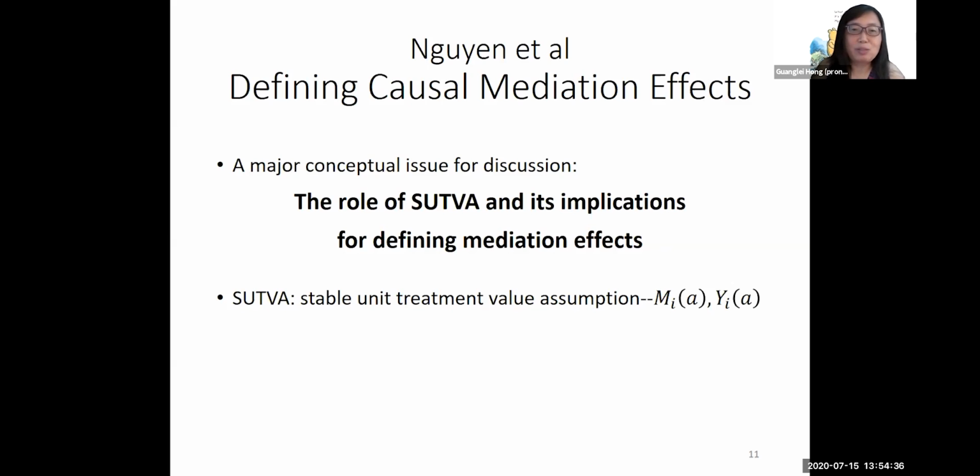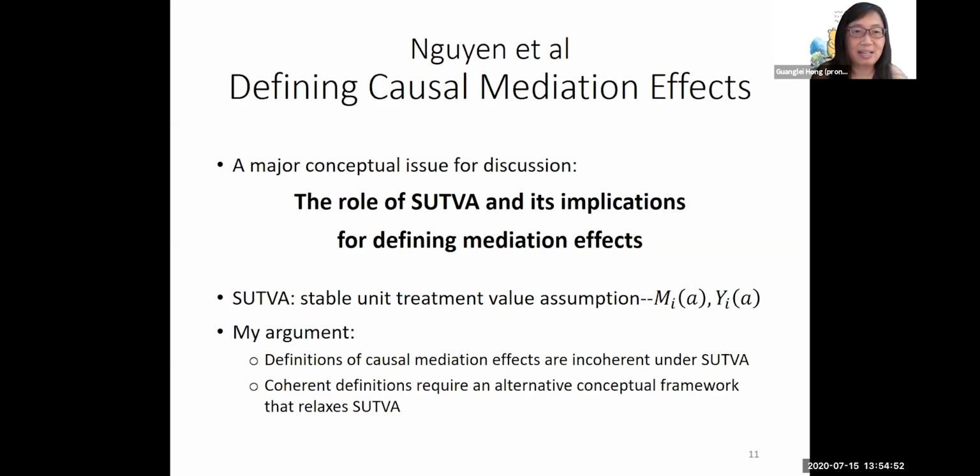For example, with a potential mediator M for individual i and the treatment A, this potential mediator value is assumed to be stable given the person and given the treatment condition. The same is said about the potential outcome, such as Y sub i and the treatment condition A. So my main argument is that the definitions of the causal mediation effects are often incoherent under SUTVA, while coherent definitions will require an alternative conceptual framework that relaxes SUTVA.